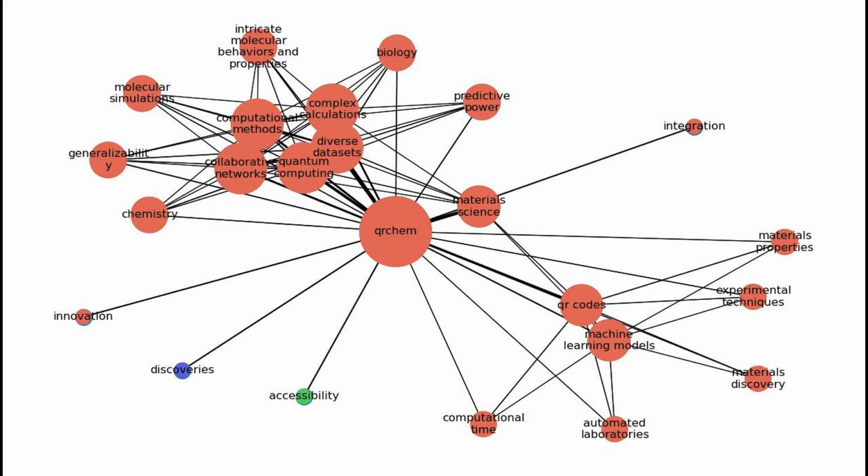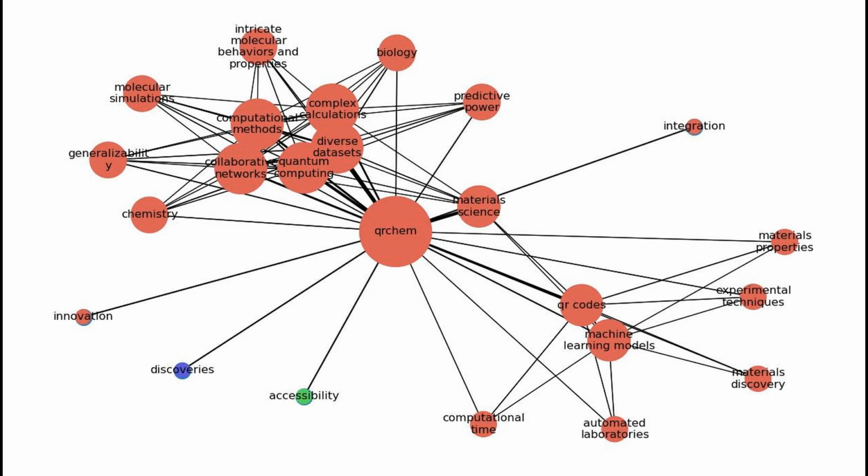Collaborative networks that combine diverse datasets from different fields, e.g. biology, chemistry, materials science, could also be established. This would allow QRChEM to learn from a broader range of information, improving its generalizability and predictive power. Lastly, focusing on user-friendly interfaces and studies that facilitate the use of QRChEM for researchers without extensive expertise in machine learning could enhance accessibility.